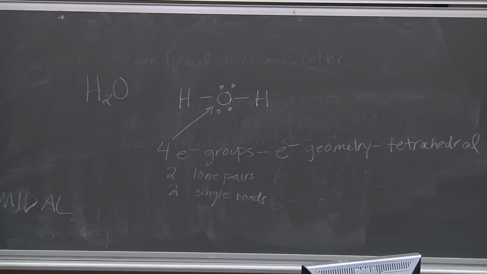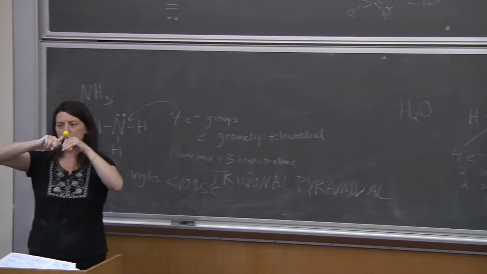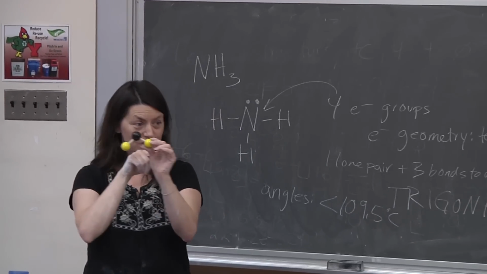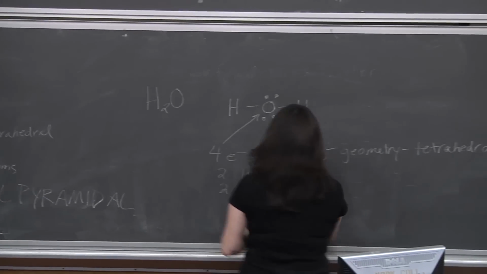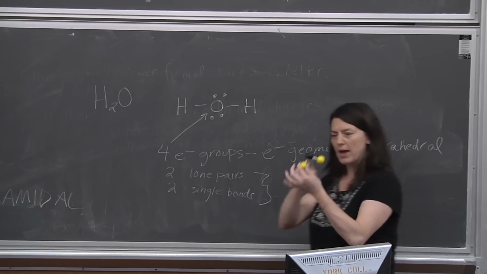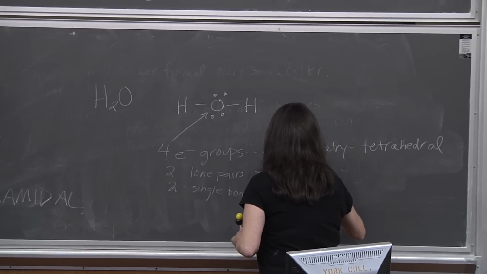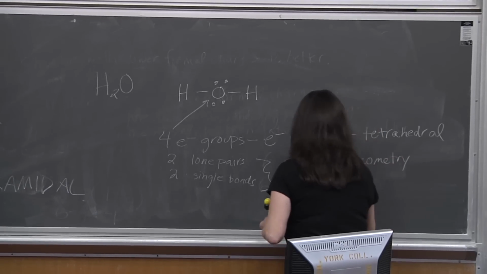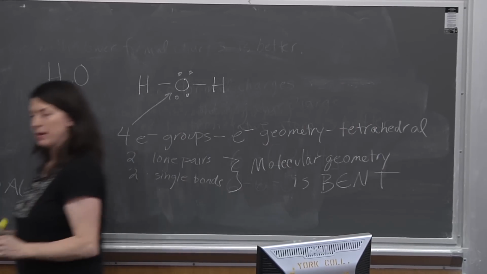But if we go back to our tetrahedron, that's how the electrons are arranged, but 2 atoms are missing. So what's left is a bent shape. When you have 4 electron groups, but 2 of them are lone pairs, and only 2 of them actually lead to atoms, the molecular geometry is bent.